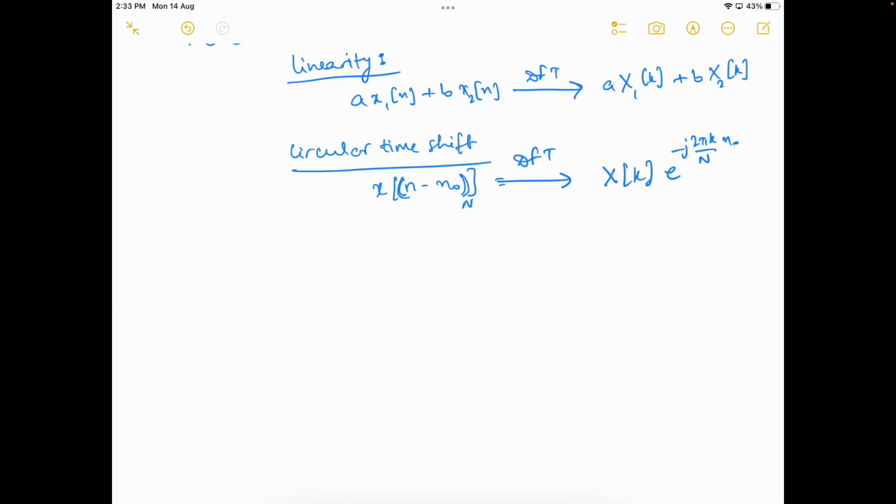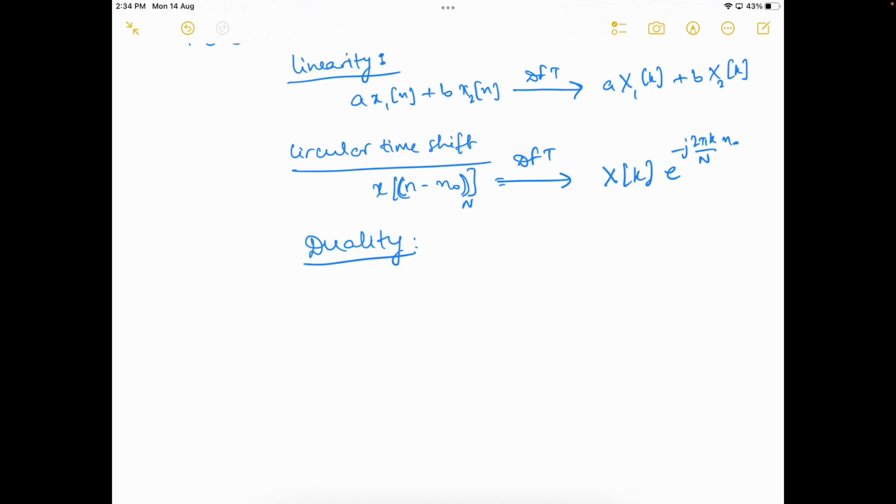Okay, then another property is duality. So you have seen that the formula of deriving X[k] from x[n] and deriving x[n] from X[k], they look so similar, just a negative sign has changed. So let's say if somebody gives me a Python code for DFT or FFT, can you modify the code or just use the same code for deriving inverse FFT, inverse DFT also?